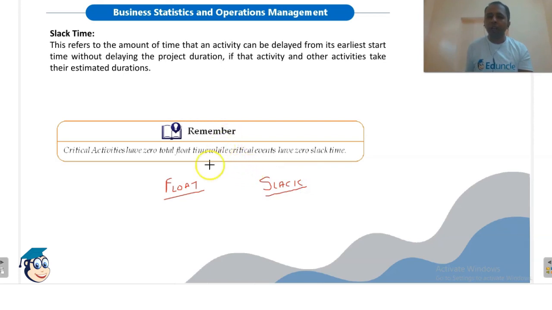So the critical activities will have zero float, while the critical events, meaning the events which join the critical activity, will have zero slack time. So critical activity has zero total float time, while critical event has zero slack time. Remember, this is very important.